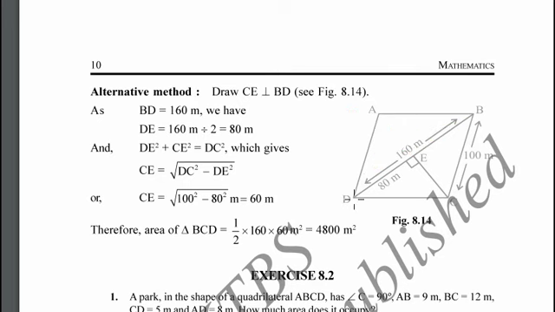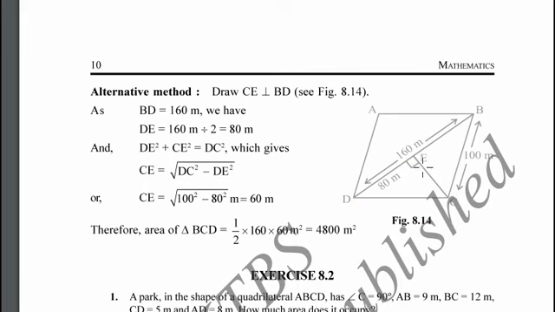Here we know the length of DE, which is equals to 80 meter. We know the length of DC, which is equals to 100 meter. But we don't know the length of CE. We need to calculate the length of CE. So we will apply the Pythagoras theorem to calculate the length of CE.